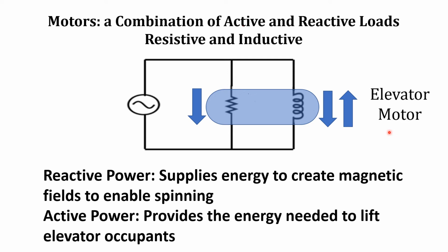We'll use this elevator motor as our example because it needs reactive power to create the magnetic fields that allow it to spin, and it needs active power to lift the people from one floor to the next.